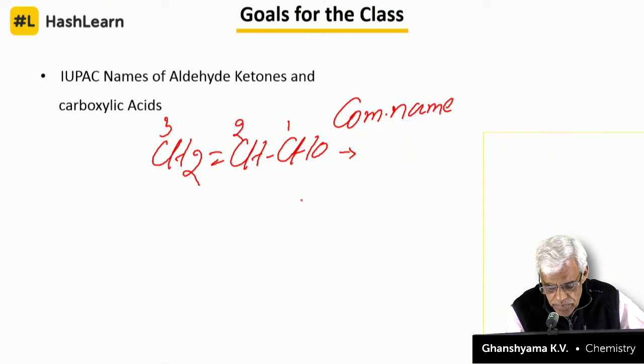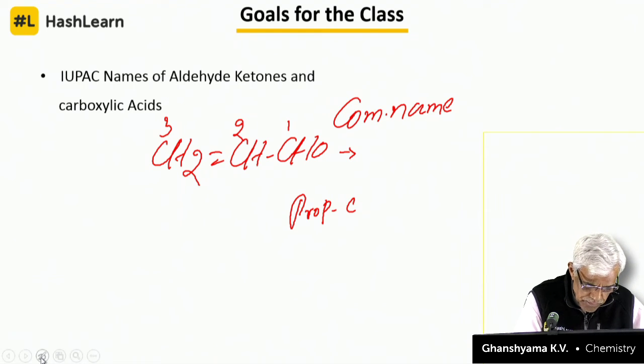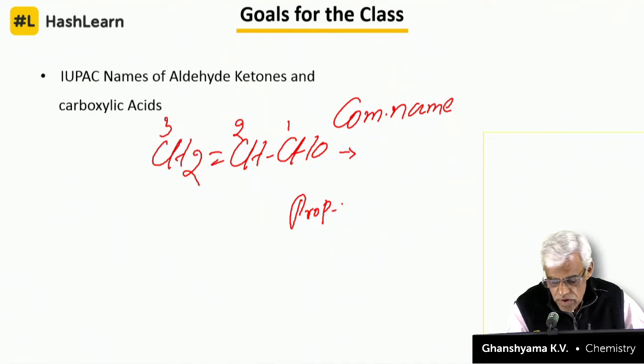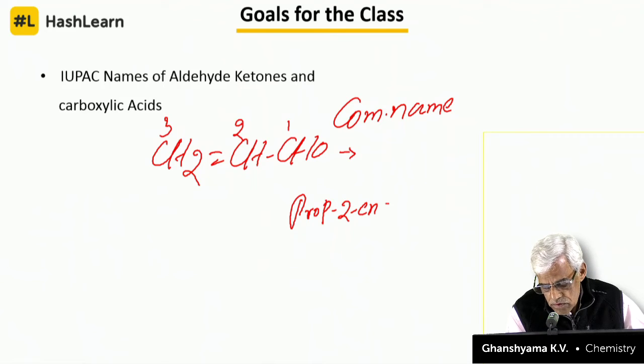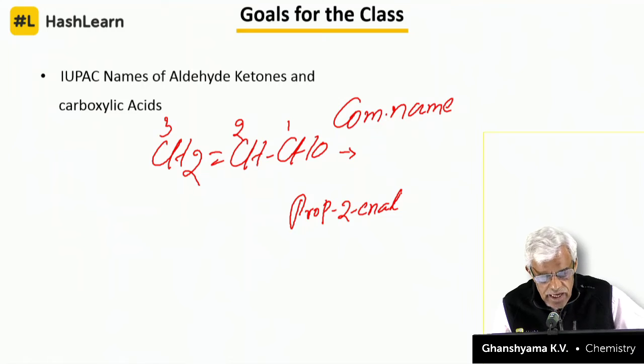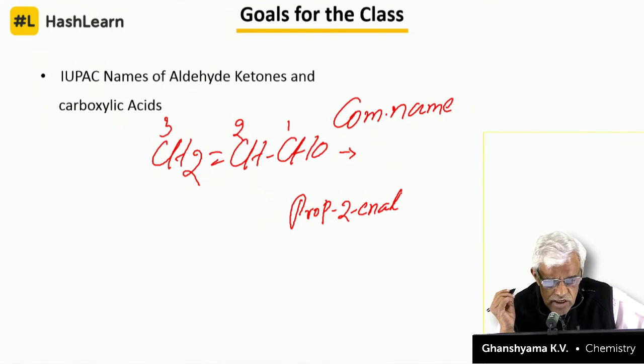You have to say prop-2-enal, or prop-2-en-1-al. Yes, Sandesh, acrolein.